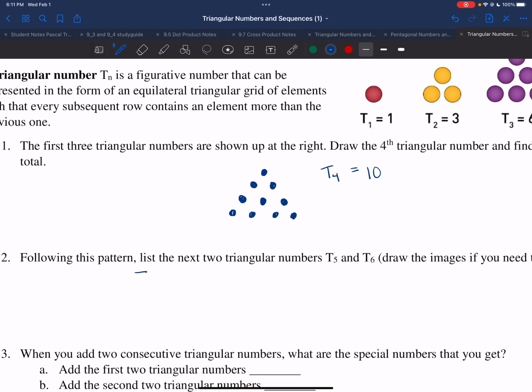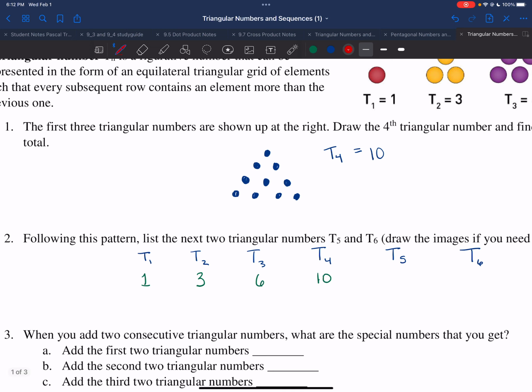I'm going to list T1, T2, T3, T4, and I'm going to put down T5 and T6. Let me put the numbers in first. T1 is 1, T2 is 3, T3 is 6, and T4 is 10, right?